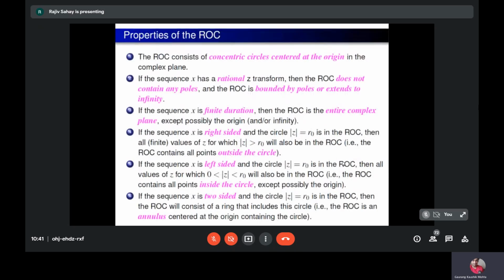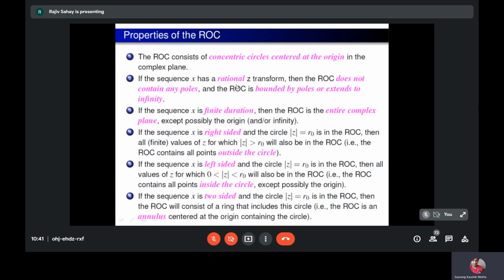So let us see the properties of ROC. The region of convergence consists of concentric circles centered at the origin in the complex plane. So always it is a concentric circle. Either it can be inside a circle, outside a circle, or an annulus around the origin.